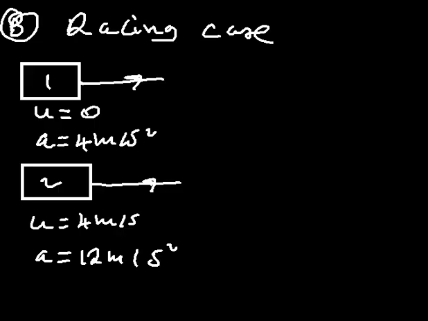Now, how should we find the time it takes for the two objects to overtake each other, as well as the distance they have to travel? So try to work that out on your own.